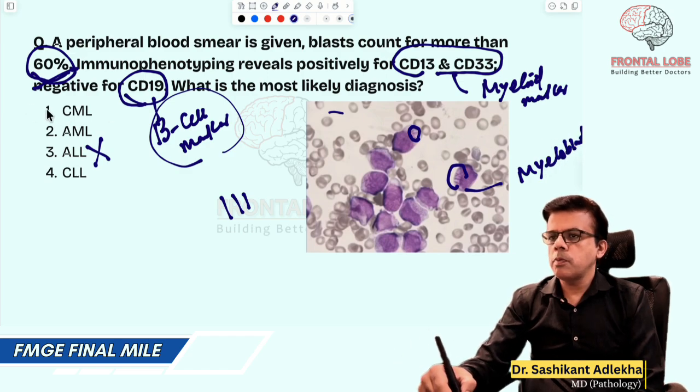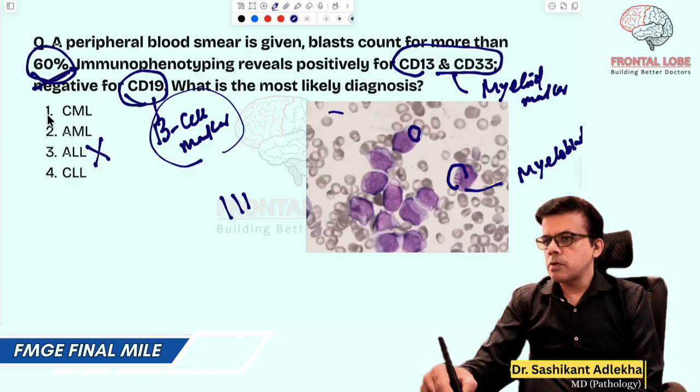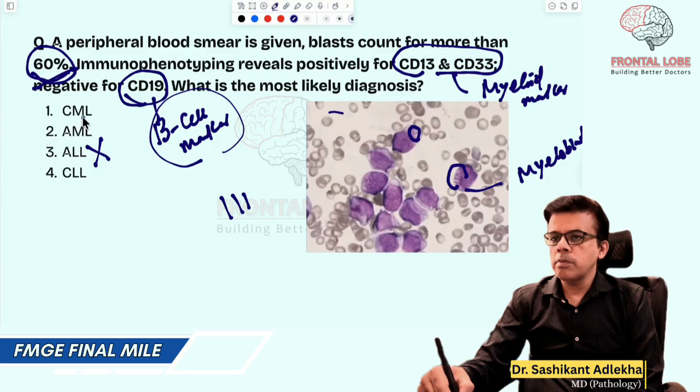So here what is the diagnosis? CML can be the answer, but why is it not the answer over here? Though the myeloid markers are positive and it can have myeloblasts, the blast count is 60%.